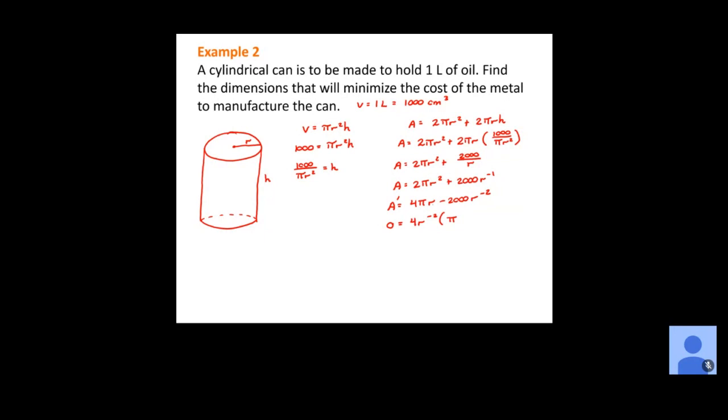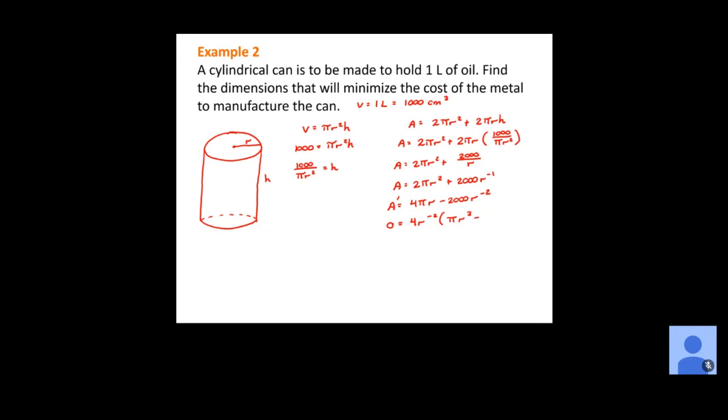But I only had an r there, and I factored out r to the negative 2. So what else do we need with the pi on that first term? R cubed, right? Because if you were to redistribute this now, r to the negative 2 times r to the third, 3 minus 2 would give us r to the first power. Okay, so just keep in mind we do need an r cubed for that first term.